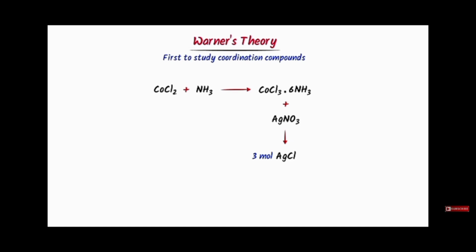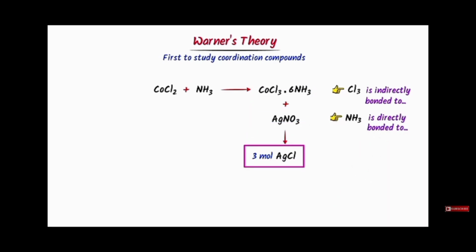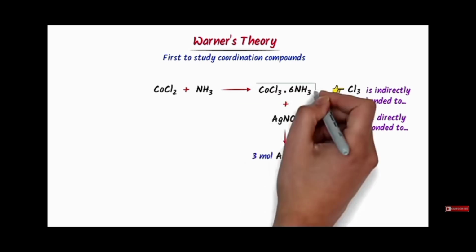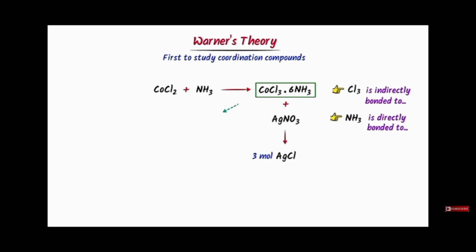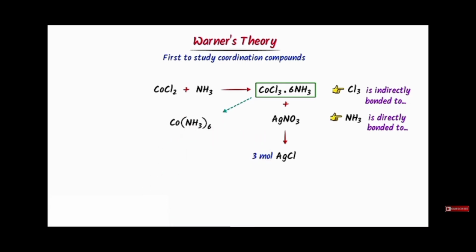Now listen carefully. Werner thought that 3 chlorines are weakly or indirectly bonded to cobalt and 6 NH3 are strongly or directly bonded to cobalt. That's why chlorine loved to react with silver. So he rearranged this compound. He wrote the central metal atom cobalt, then he took NH3, and there are 6 molecules of NH3.